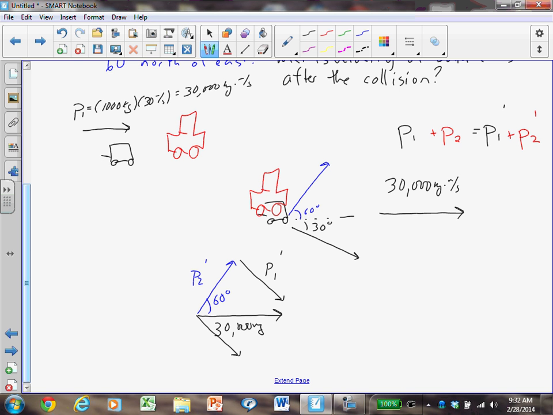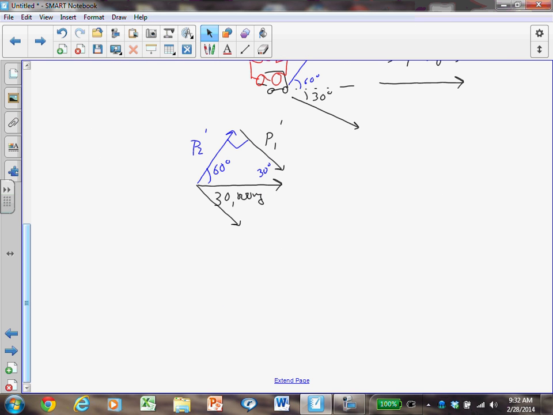Now, if this is 60 degrees, what's this angle right here? 90, so this must be 90 as well. And this is a 30, 60, 90 triangle, isn't it? And so we know the hypotenuse is 30,000. And now we can find our pieces to the hypotenuse, can't we? Because we could find this leg and this leg.